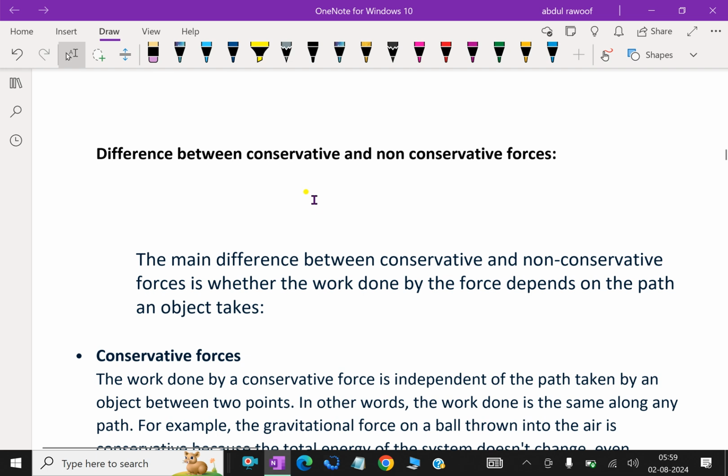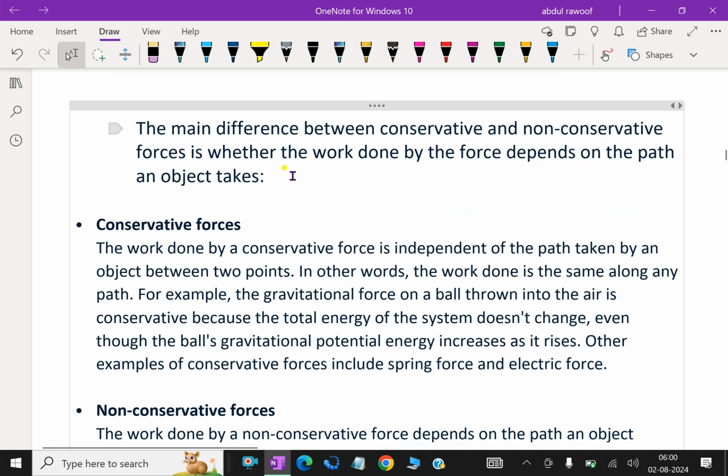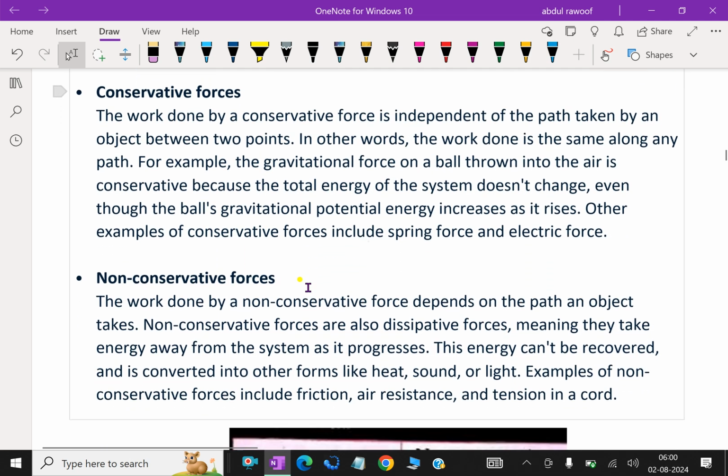Work done: difference between conservative and non-conservative forces. What are conservative and non-conservative forces? The main difference is whether the work done by the force depends on the path taken by the object. Conservative force: the work done by a conservative force is independent of the path taken by an object between two points.